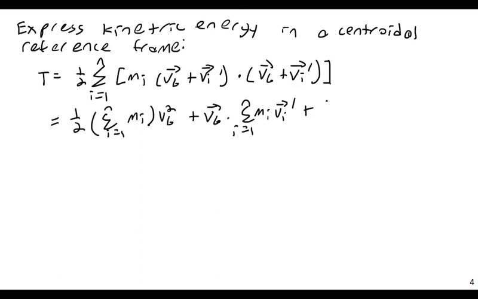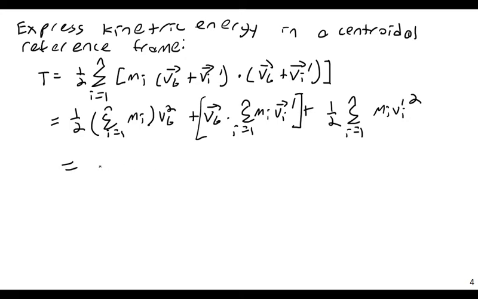Plus 1/2 times the summation of i equals 1 to n of mi Vi prime squared.